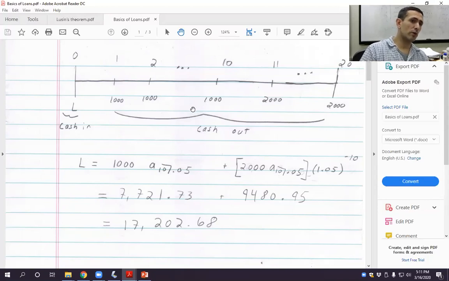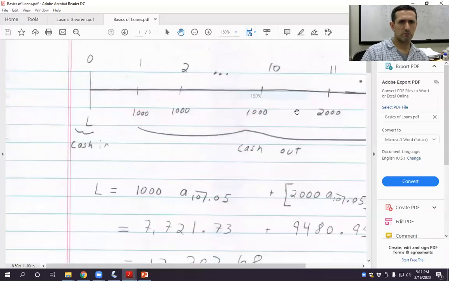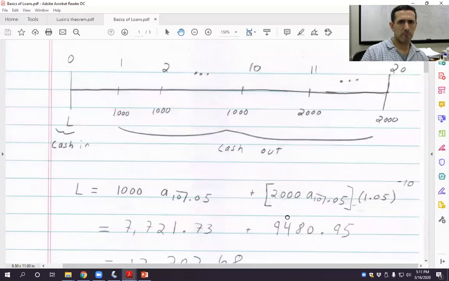All we're going to do is set up an equation of value. Hopefully there are no concerns about this timeline. This is your cash in: you need L right now. This is your cash out, what you're paying the loan back with.